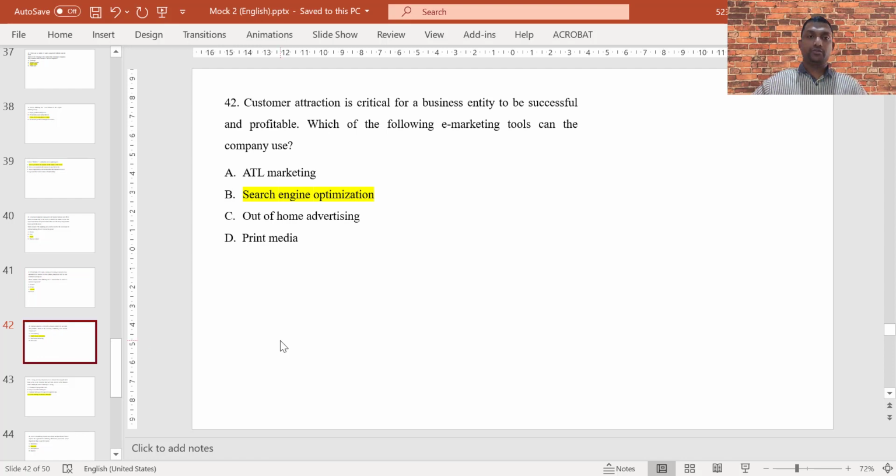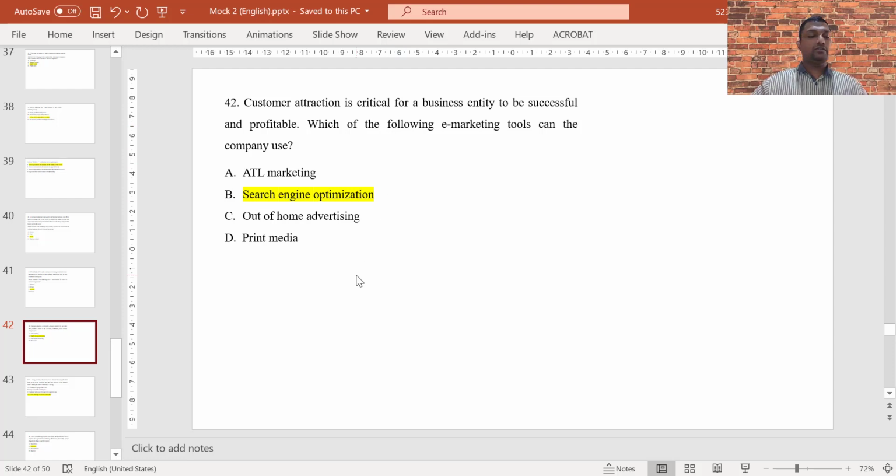Question number 42. Customer attraction is critical for a business entity to be successful and profitable. Which of the following e-marketing tools can the company use? There are several tools: above the line marketing, search engine optimization, out of home advertising, and print media. Which of the following e-marketing tools can the company use to attract customers?